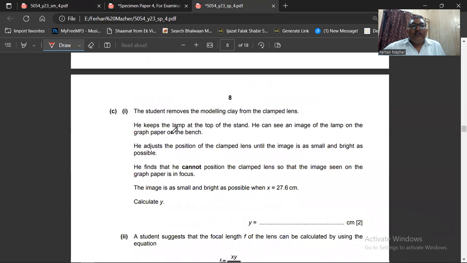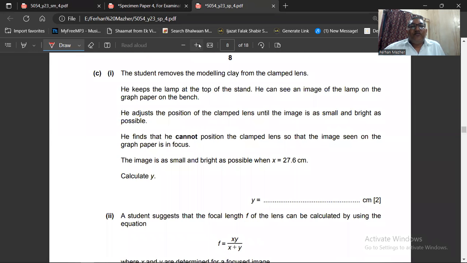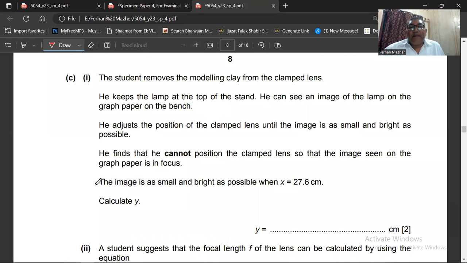Then their question is, the student removes the modeling clay from the clamped lens. He keeps the lamp at the top of the stand. He can see an image of the lamp on the graph paper on the bench. He adjusts the position of the clamped lens until the image is as small and bright as possible.